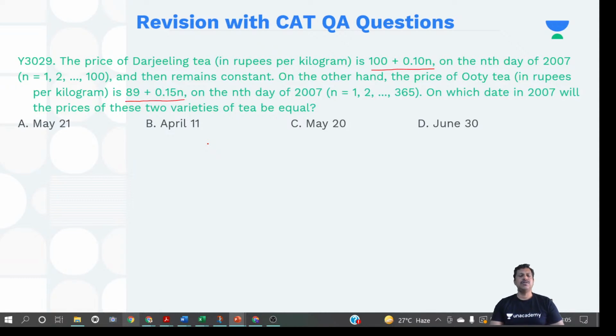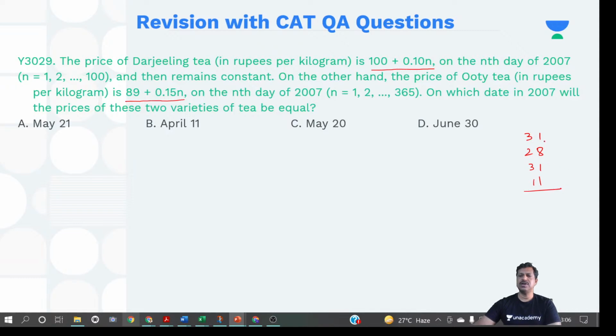Now look, it is May 21, May 20, April 11 and June 30. So the earliest value will be April 11. April 11 means January is 31, February 2007 will be 28, March will be 31, and April 11.